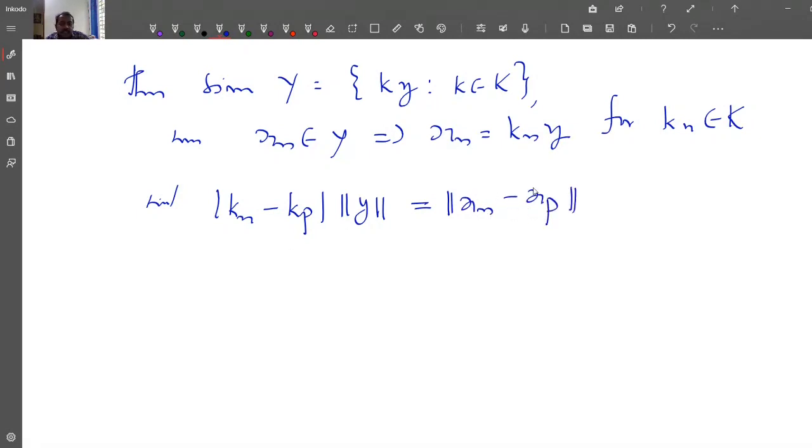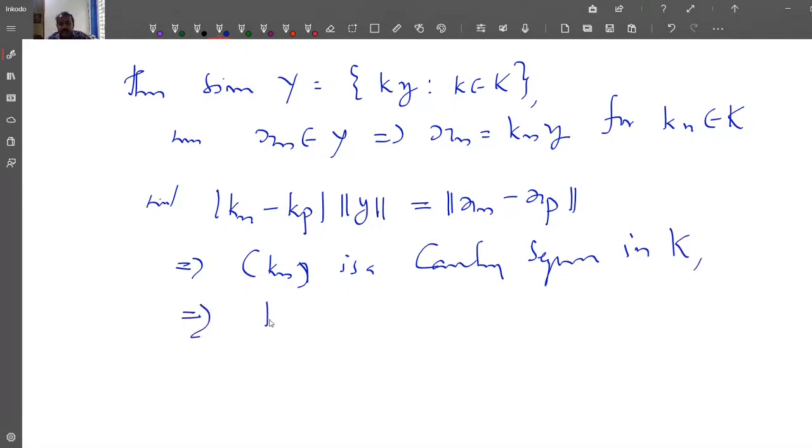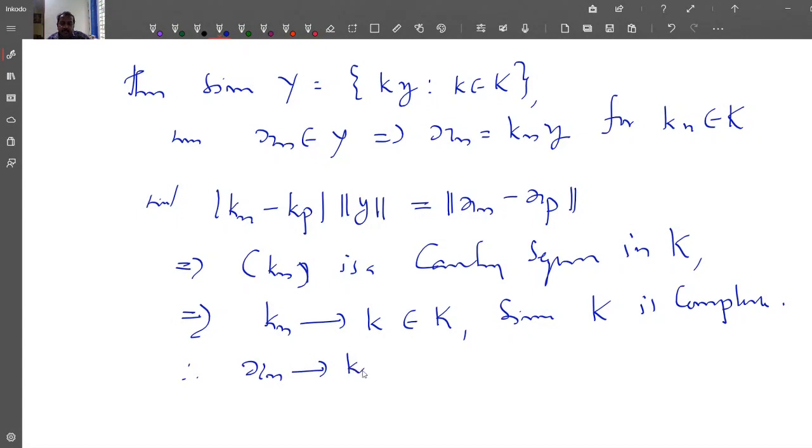Since xn is a Cauchy sequence, this implies kn is a Cauchy sequence in K. And K is complete, so kn converges to some k in K. Therefore xn converges to ky because xn is equal to kn y, and ky is in Y. That is, you have a Cauchy sequence in Y that converges in Y. So this implies Y is complete.